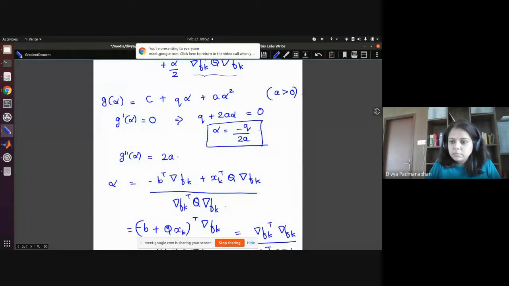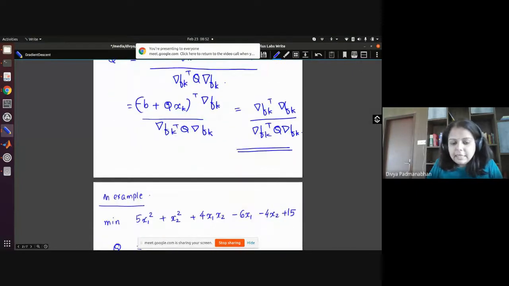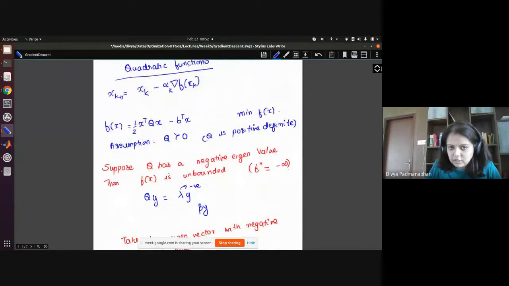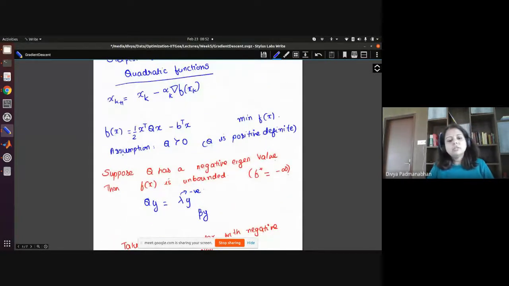So let's now just see an example. We took in particular a quadratic function here. Now, why quadratic? Because this is going to show up in many places. For example, in several machine learning applications, you will have some kind of a loss term which you want to minimize.